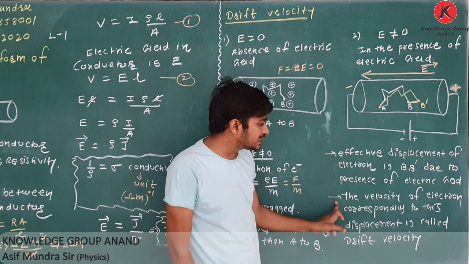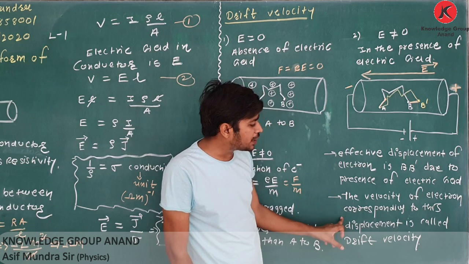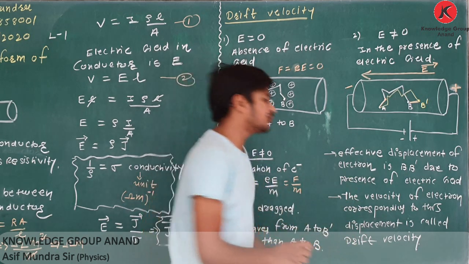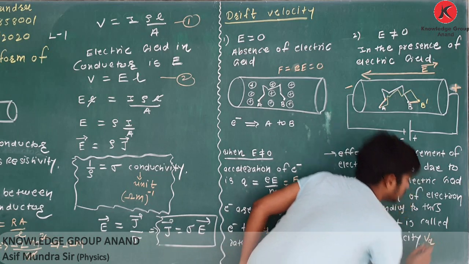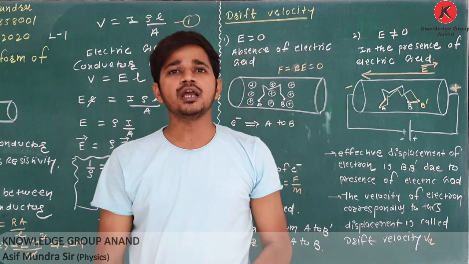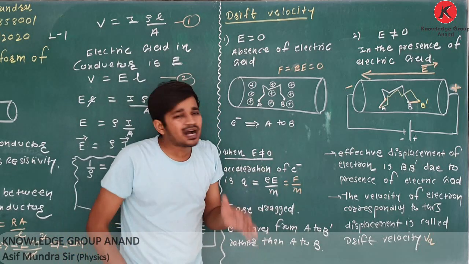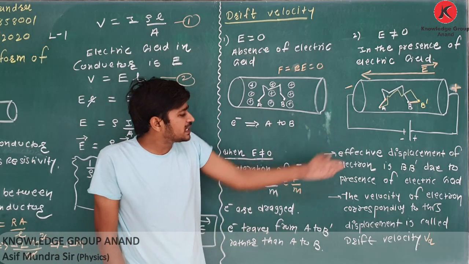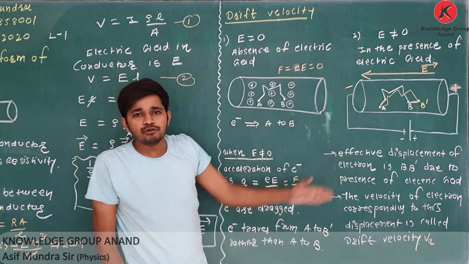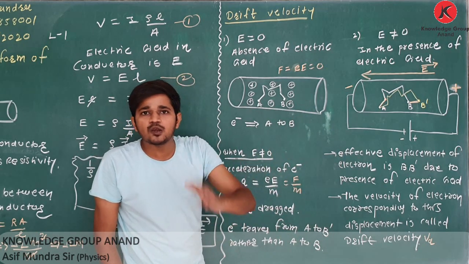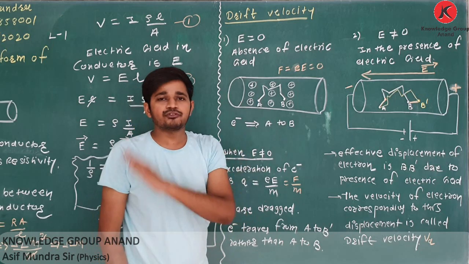And the velocity of the electron corresponding to this displacement is called drift velocity, V. The velocity achieved by the electron due to the presence of electric field is called drift velocity.